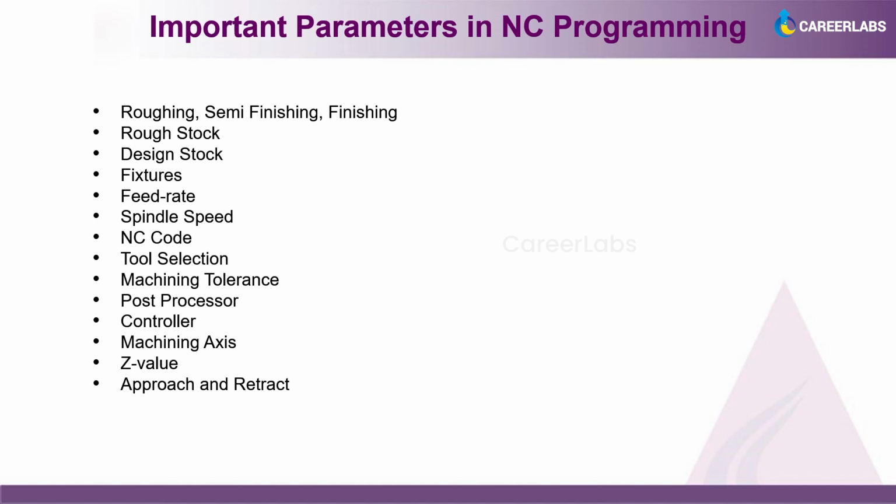So machining axis and Z value play a key role, along with approach and retract. Approach is an example of the tool coming towards the workpiece. Retract is the tool going away from the workpiece.